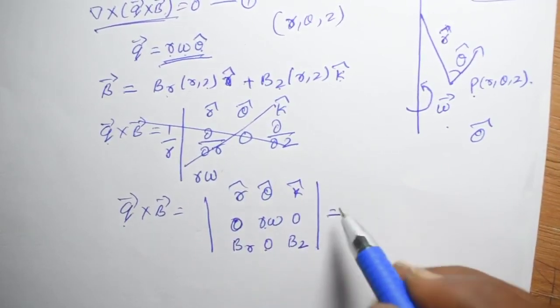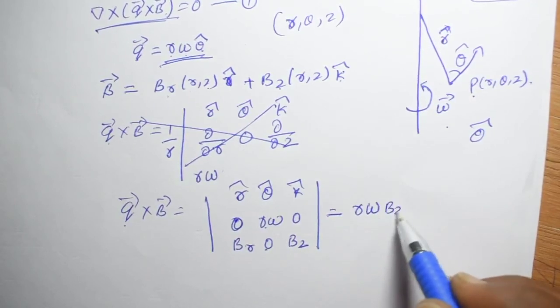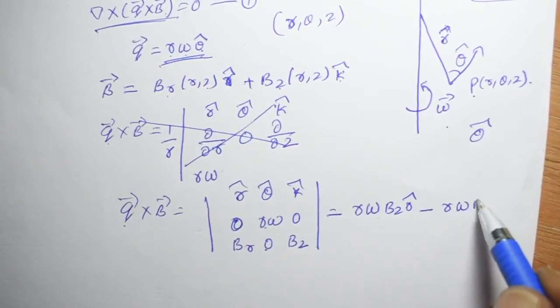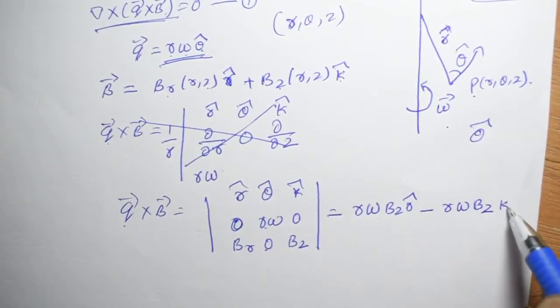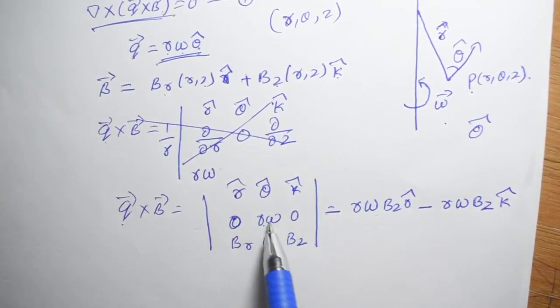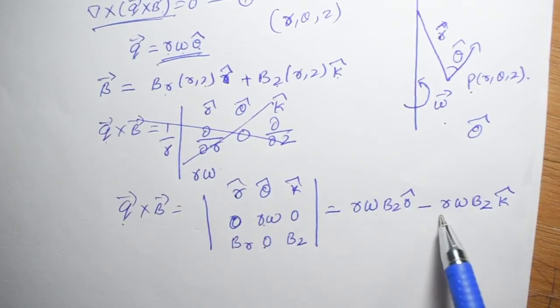By expanding this, you get r omega Bz into r cap minus r omega Br into k cap, right? By expanding, look here, r into this one, the theta entries are 0, and the k term with its minus sign becomes negative.